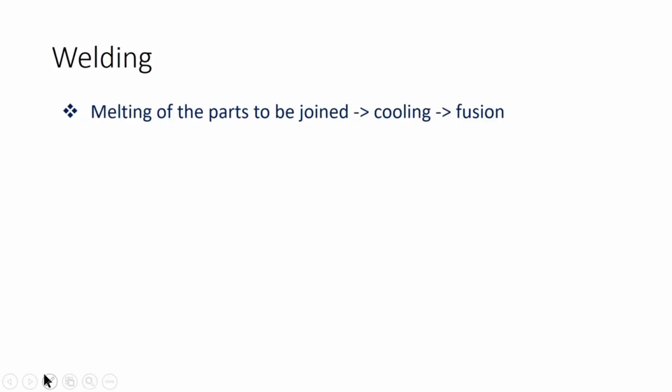In a typical fusion welding process, as I mentioned, we need to melt the work parts that are to be joined and then allow them to cool down. So, melting and then cooling, which will lead to solidification. When two molten parts are brought very close to each other, and there is contact of the two molten parts, fusion will occur.